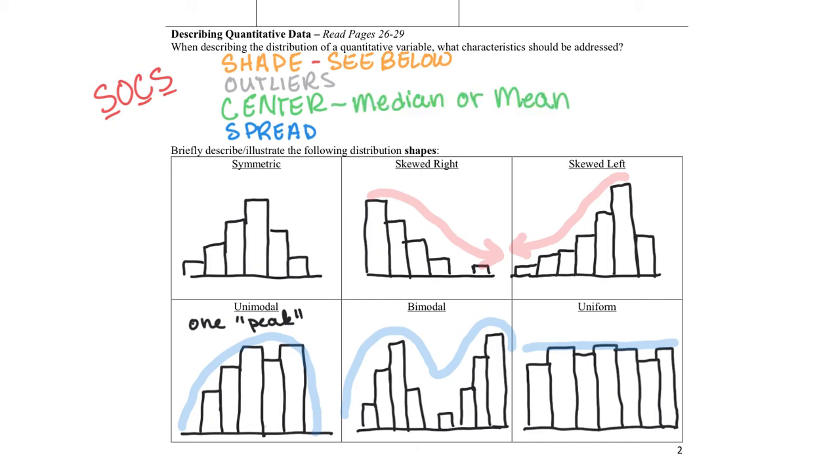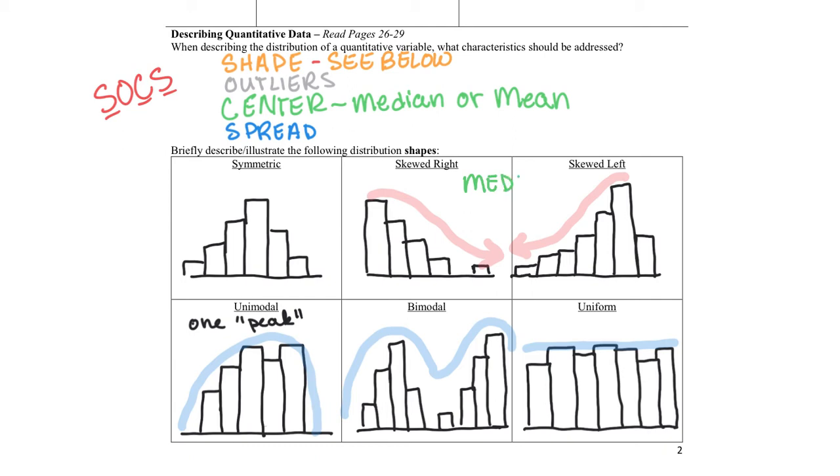For measures of center, we have either the median or the mean. So we've got one of those two. And I mentioned in class that I was going to tell you when you use each. And median you only use in one case. It's when it's skewed.